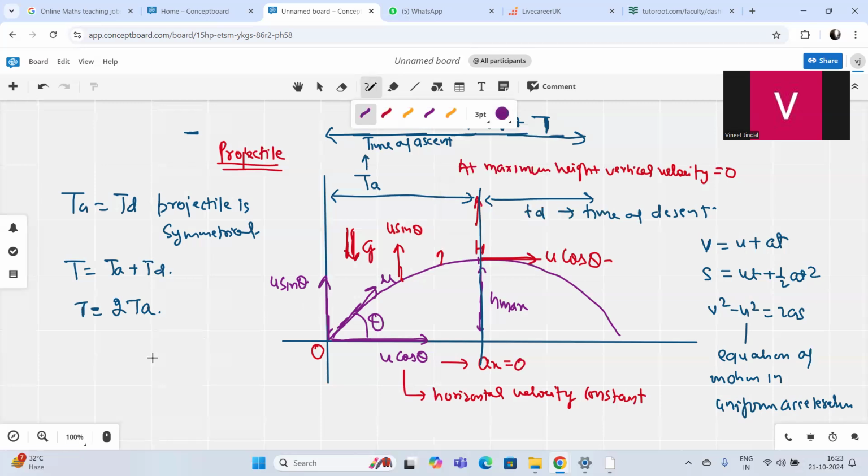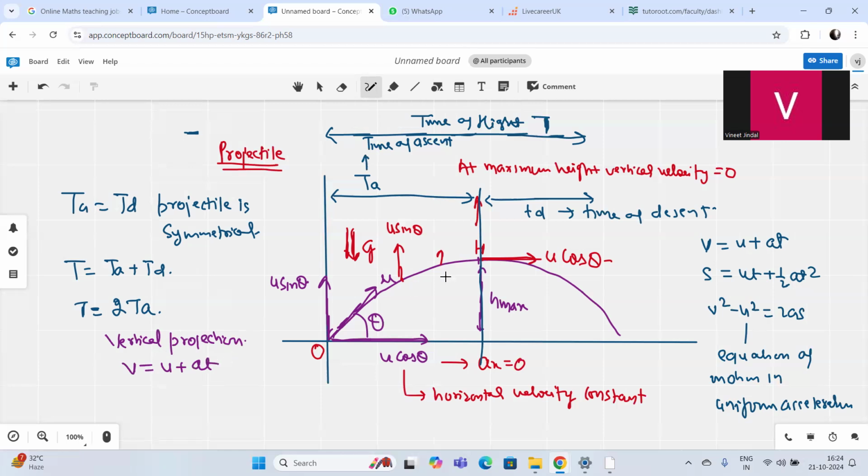So now we are going to determine the time of ascent. We are going to take the vertical projection, and I'm going to use the first equation of motion, v is equal to u plus at.